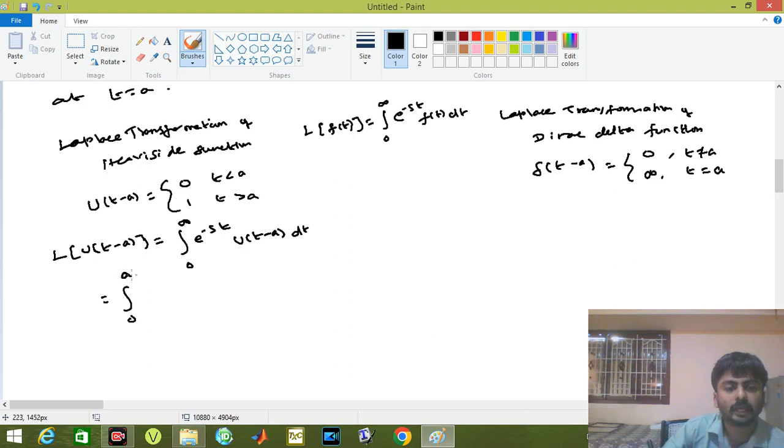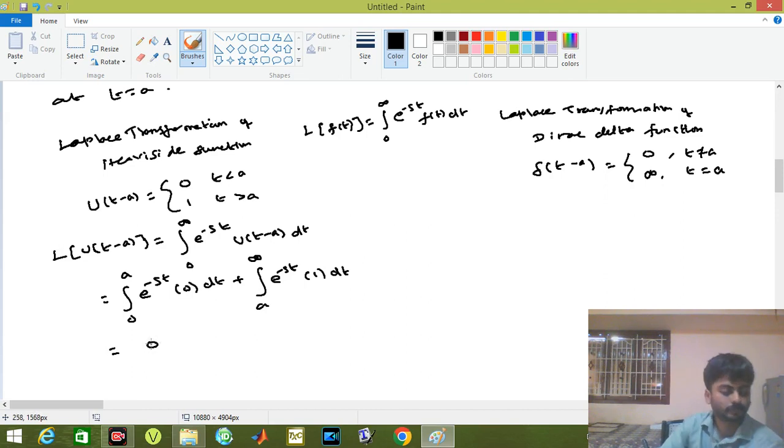So the integral from 0 to a of e power of minus st, u of t minus a becomes 0, dt, plus the integral from a to infinity of e power of minus st, it is 1 into dt, that is equal to, this is 0, so integration of this is 0, so this becomes 0, then this plus this will become plus the integral from a to infinity of e power of minus st into dt.